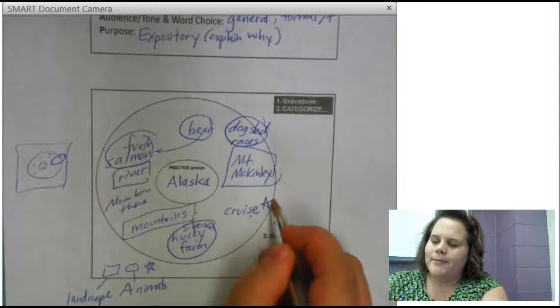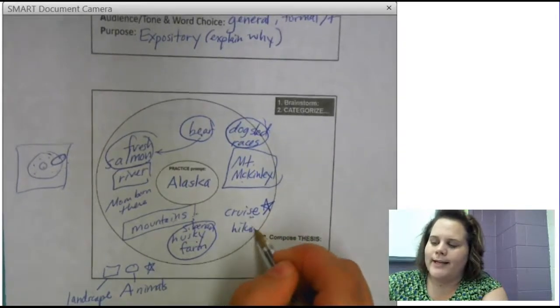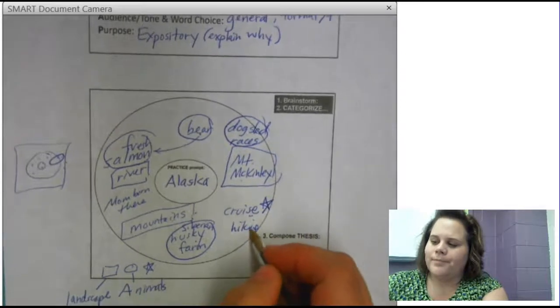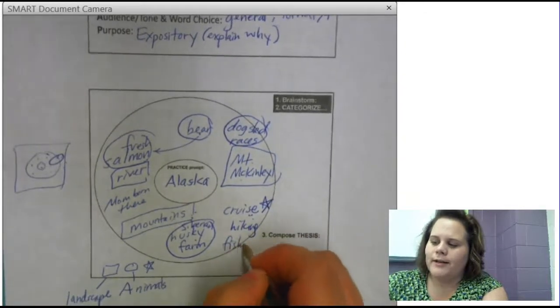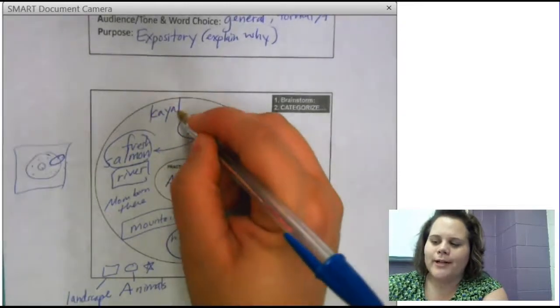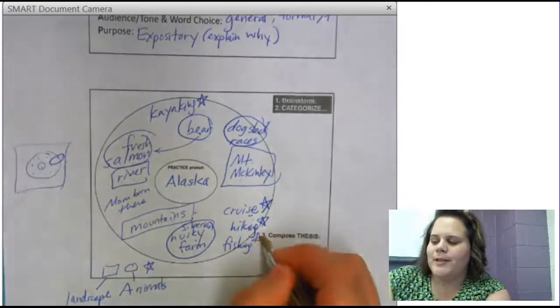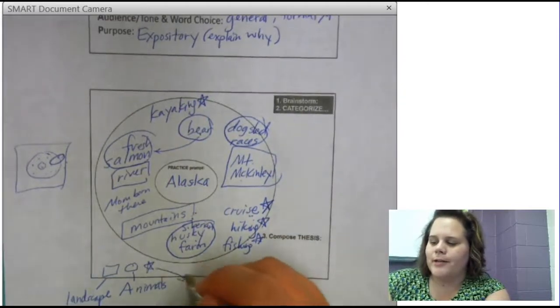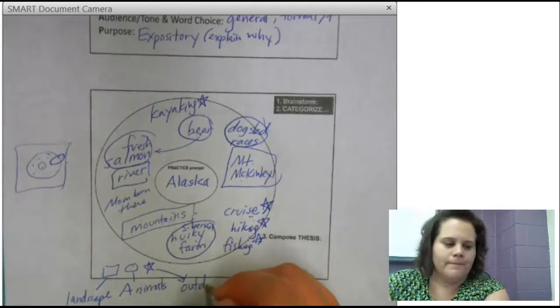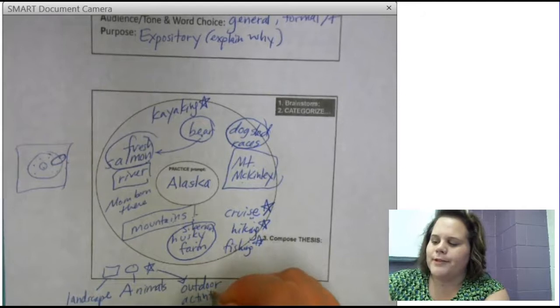And then I'm going to kind of make a category about a cruise, and you could maybe say hiking, fishing. I really love kayaking, and I'm pretty sure you could kayak in Alaska, just don't fall out. So this just made me think of new activities, so maybe this could be the outdoor activities. It's not like museums and stuff, it's outdoor activities.